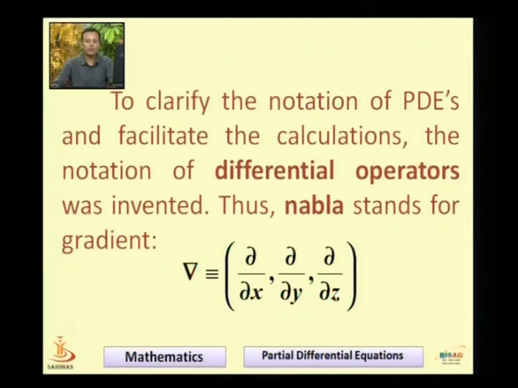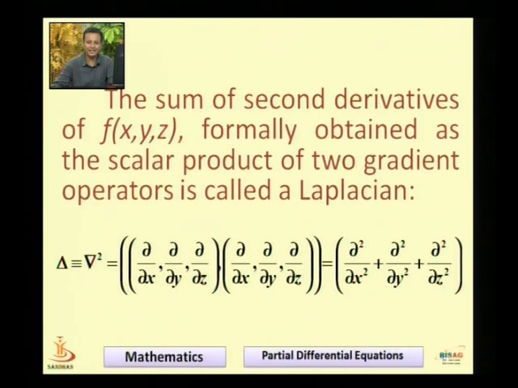To clarify the notation of PDEs and facilitate the calculations, the notation of differential operators was invented. Thus, nabla or grad stands for gradient, and it is defined by del by del x, del by del y, del by del z. The sum of second derivatives of f of x, y, z is formally obtained as the scalar product of two gradients. Two gradient operators, grad dot grad, is called a Laplacian.